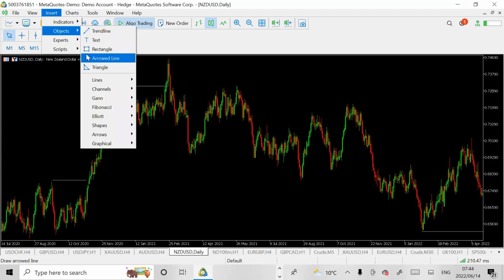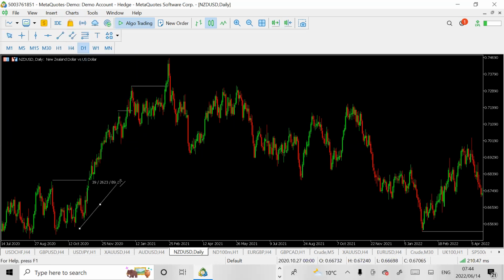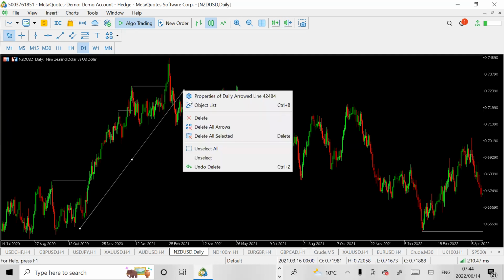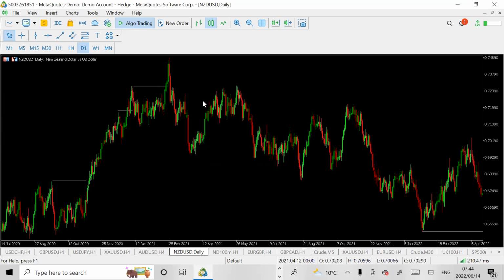So we've been bullish. We were bullish before, you can see. But what happened? The bullish momentum paused because this previous low was broken. Yes, it was broken.